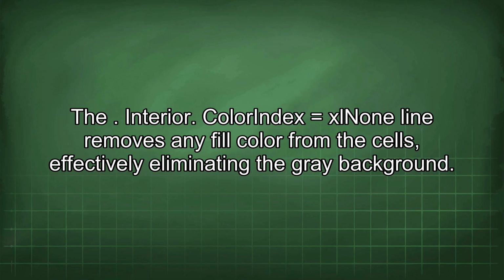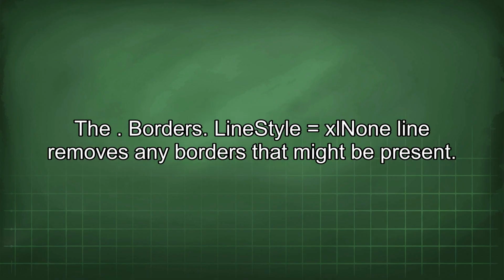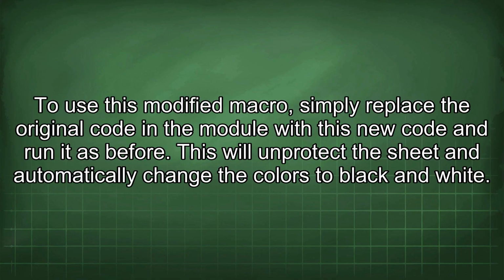The Interior.ColorIndex = xlNone line removes any fill color from the cells, effectively eliminating the gray background. The Borders.LineStyle = xlNone line removes any borders that might be present. To use this modified macro, simply replace the original code in the module with this new code and run it as before. This will unprotect the sheet and automatically change the colors to black and white.